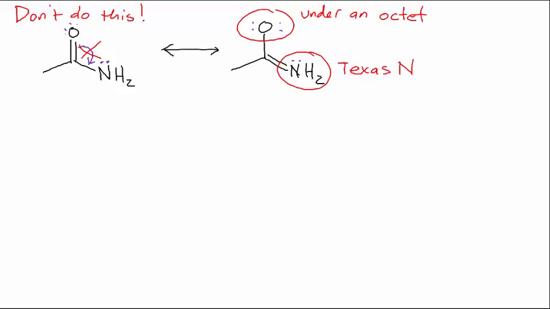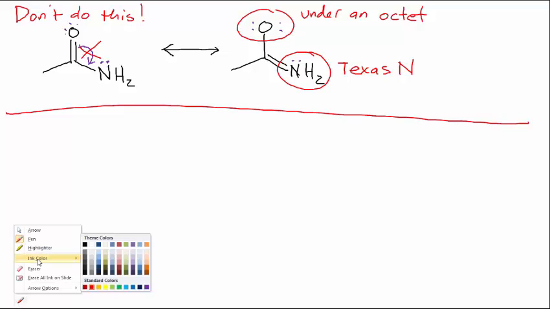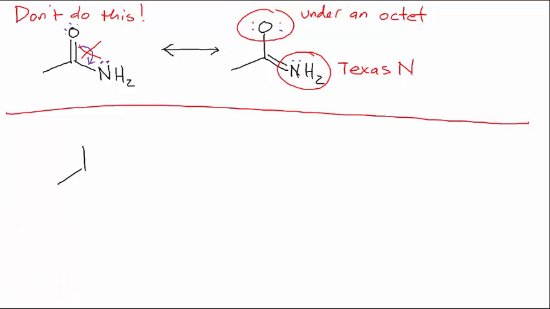All right. So what should you do instead? What you want to do is recognize, well, nitrogen here is the one that has the extra pair of electrons that it should be willing to share.